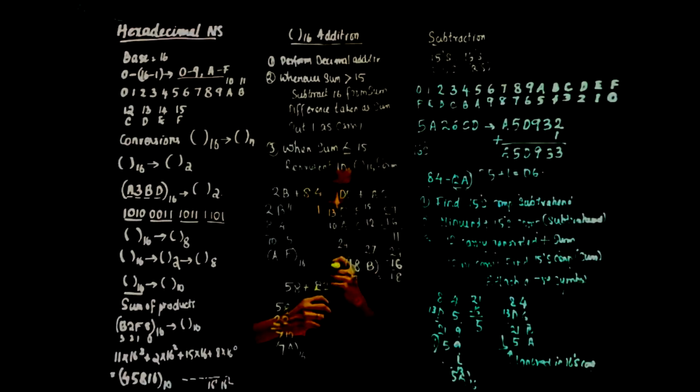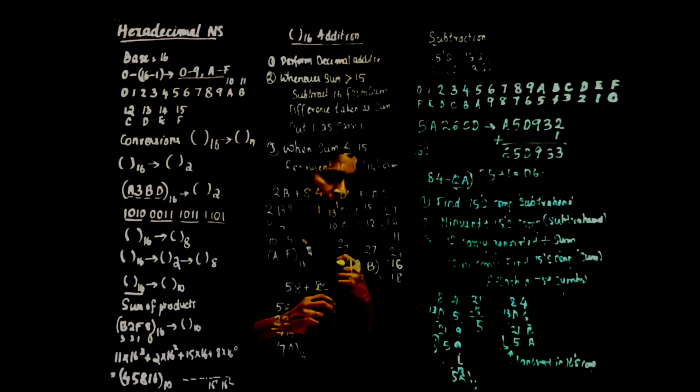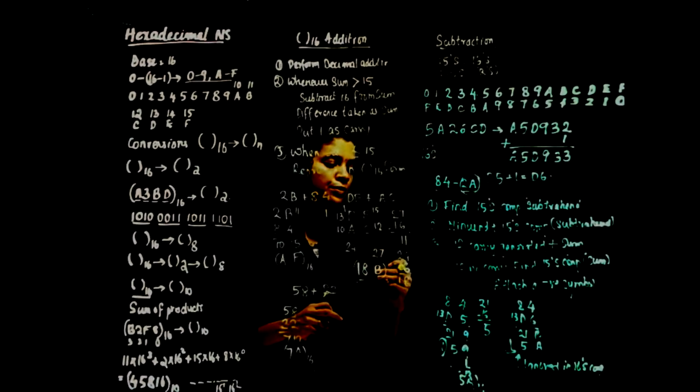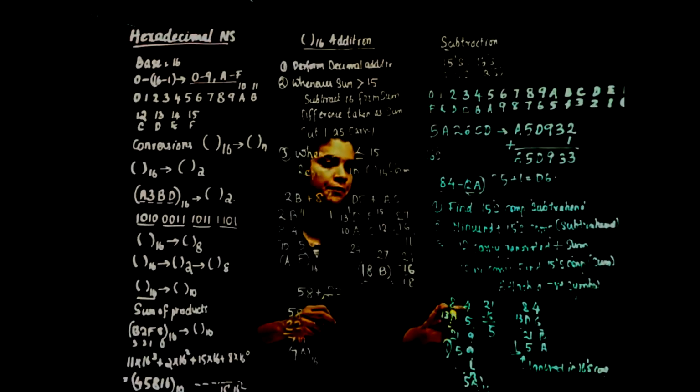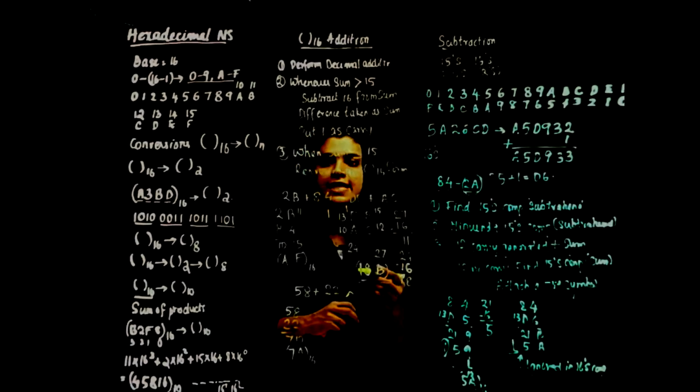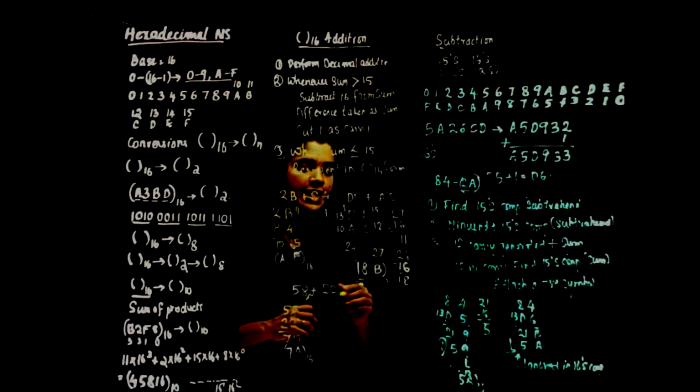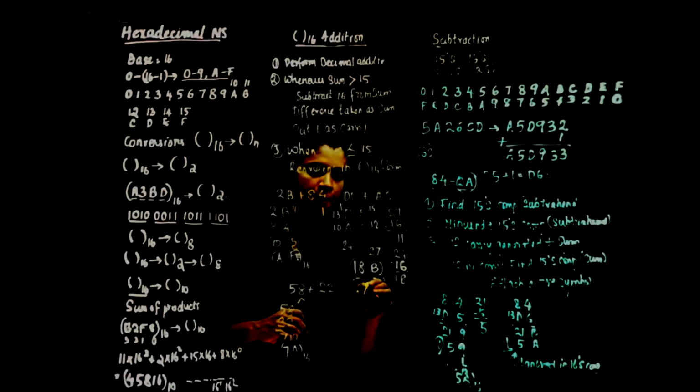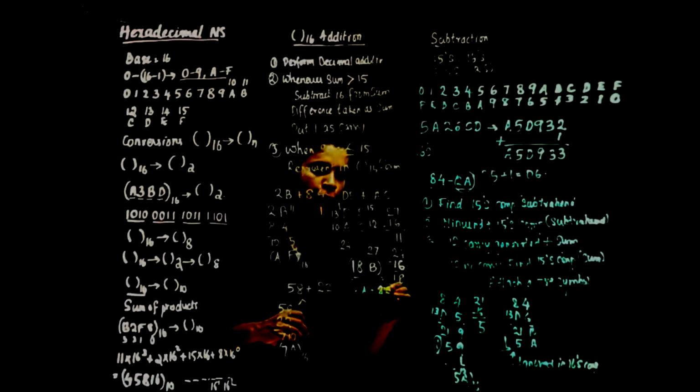Now, we will do another example, let us do the reverse, that is 2A minus 84 using both 15's and 16's complement. So, 2A minus 84.